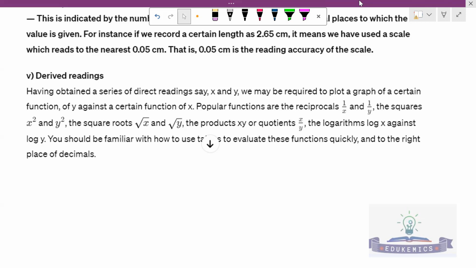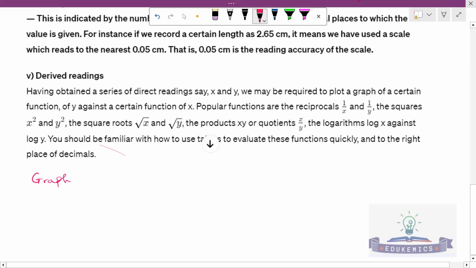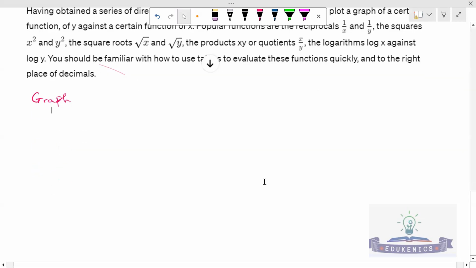So another important thing you need to know is the graph. The graph is very important. And when doing a graph, you should note down the following points. So you must choose a suitable scale for your graph.